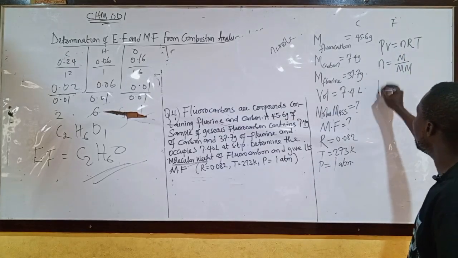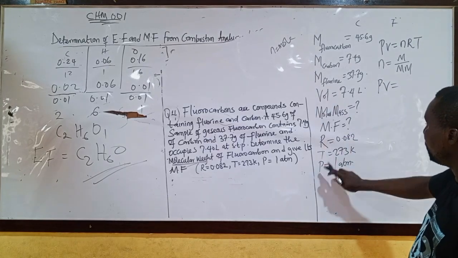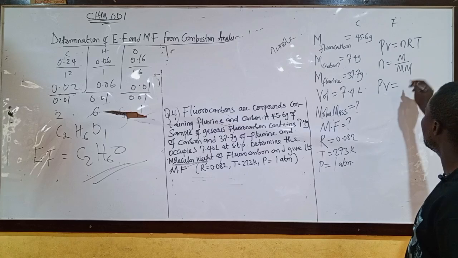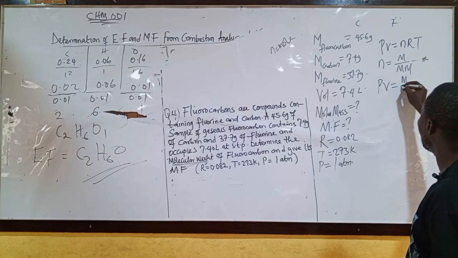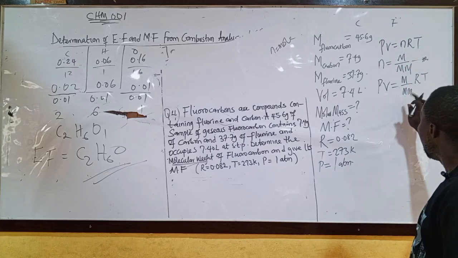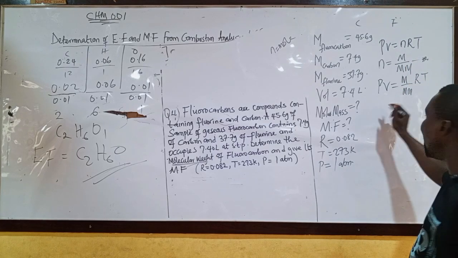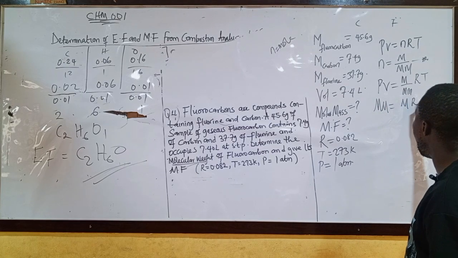Therefore PV equals, since n is mass over molar mass, mass over molar mass times RT. Make molar mass the subject of the formula. We have molar mass equal to mass times RT over PV.